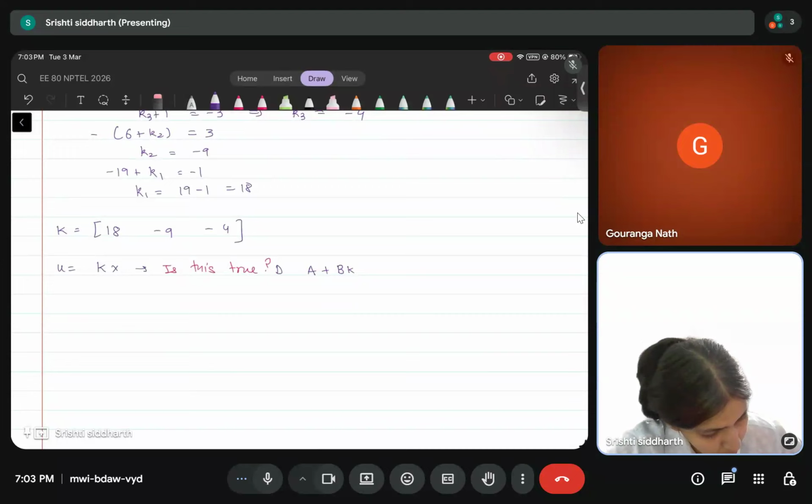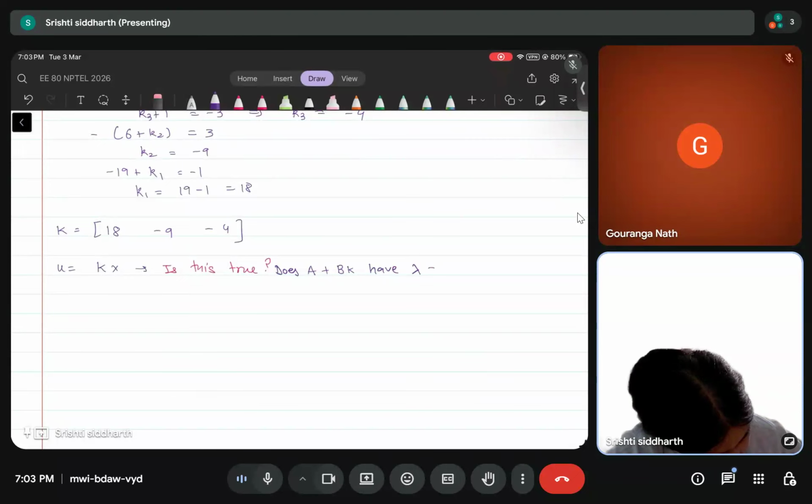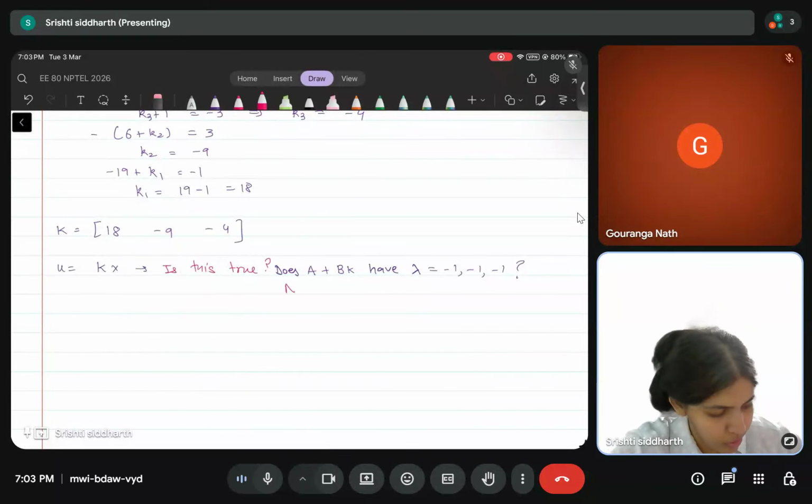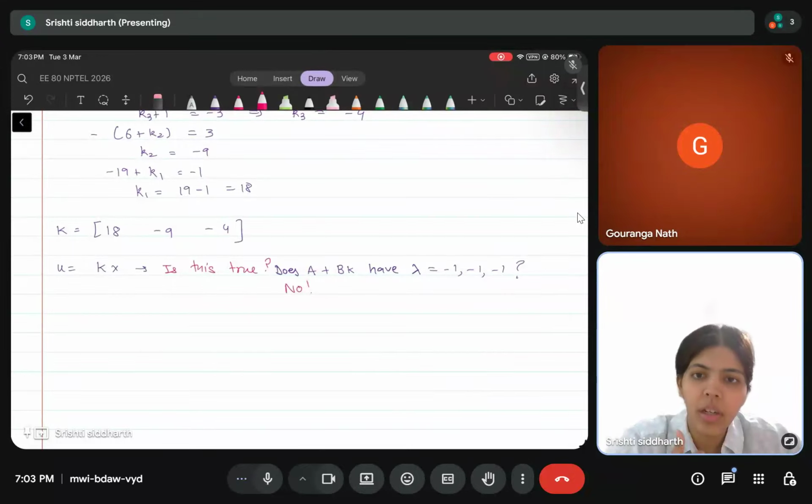So it is A plus BK, have lambda as minus 1, minus 1, minus 1. So it's no, right? Because we have actually found the feedback vector k for the transformed system. It's for the state z.